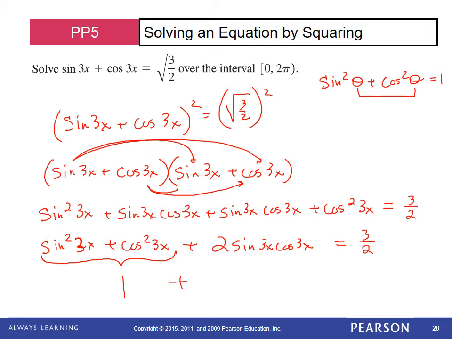Then there's another little trick here. Can anybody tell me something about 2 sine 3x cosine 3x? That's when it's good to have all these identities written out in order.